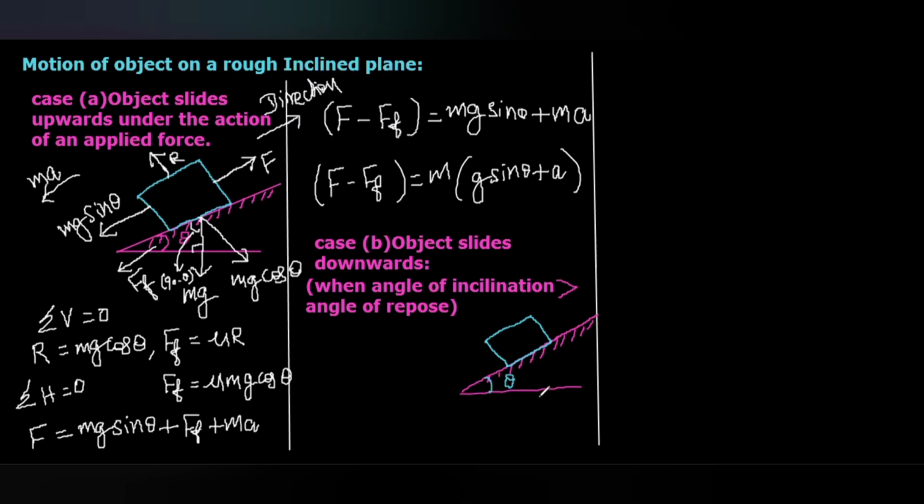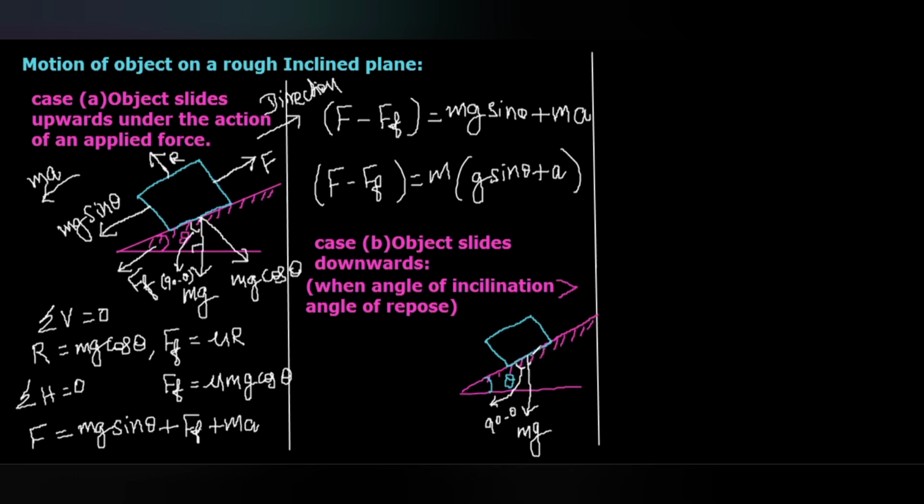Okay, here you can see, as usual, the weight of the object mg will act exactly downward. If this is theta, in the small right angle triangle, we know that this will be 90 minus theta. So for the reference plane, this mg will be an inclined force with an angle 90 minus theta.